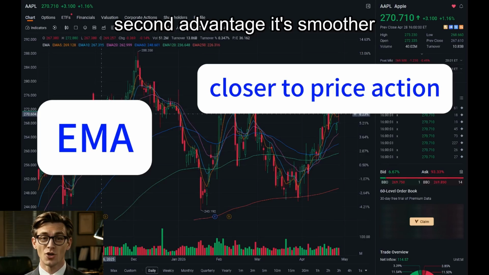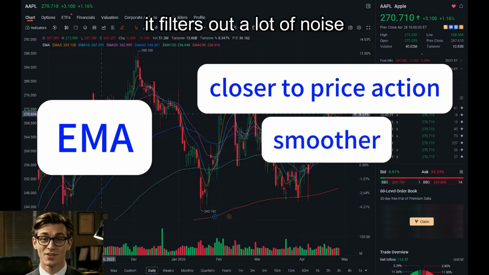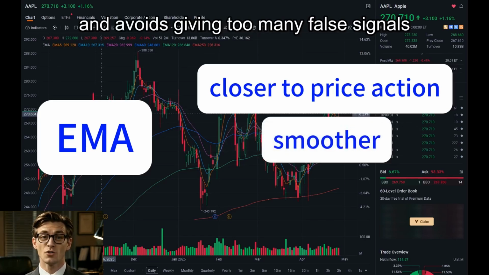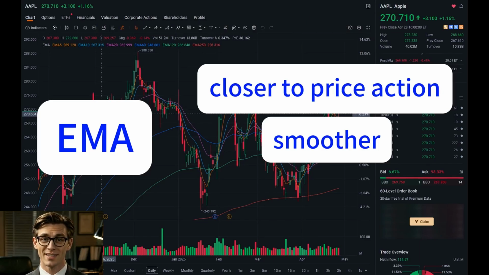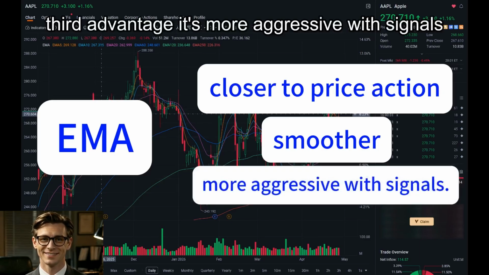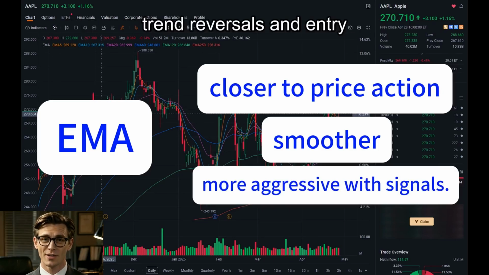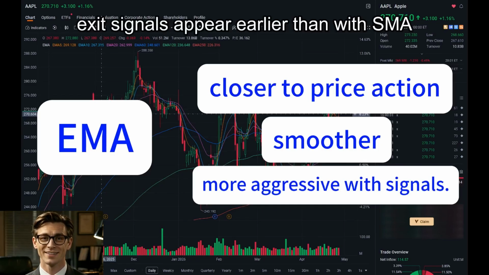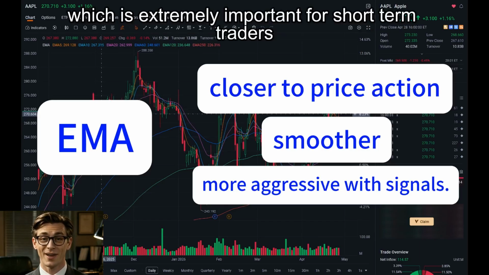Second advantage, it's smoother. It filters out a lot of noise and avoids giving too many false signals. Third advantage, it's more aggressive with signals. Trend reversals and entry/exit signals appear earlier than with SMA, which is extremely important for short-term traders.